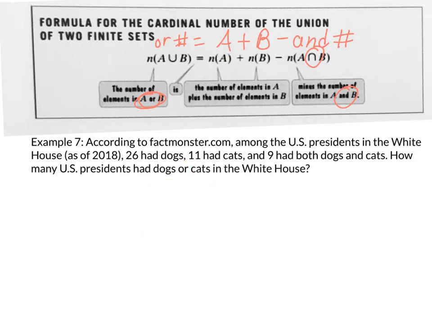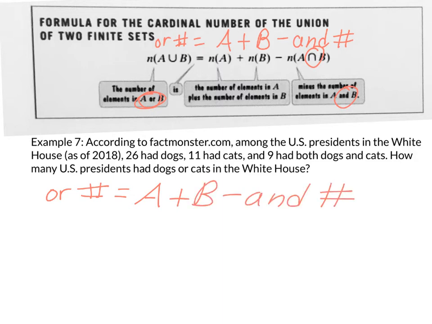So as soon as you see them asking you for the or number, and you see 3 numbers given to you, these are all clues that we can use our new formula, where the or number equals the number in one set plus the number in the other set minus their overlap, the and number. So we're solving for the or number, so I'm going to bring that variable down.